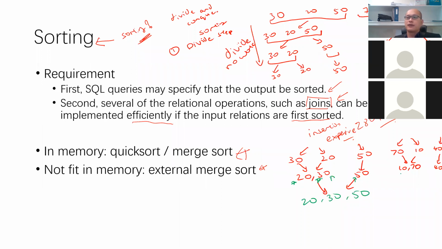Same thing, you start with two pointers here. First you compare 10 and 40: 10. Then you move the pointer, 40 and 70: 40. This pointer goes to now, and then 70.